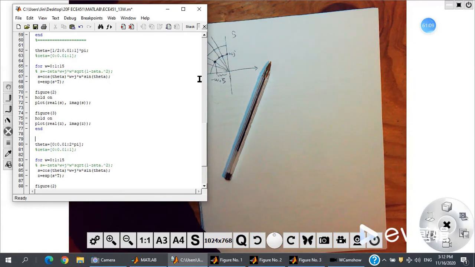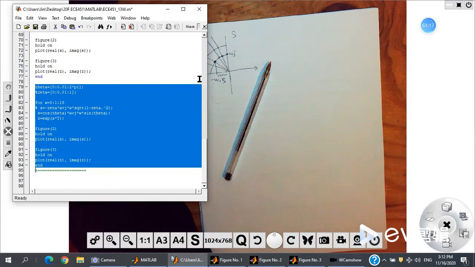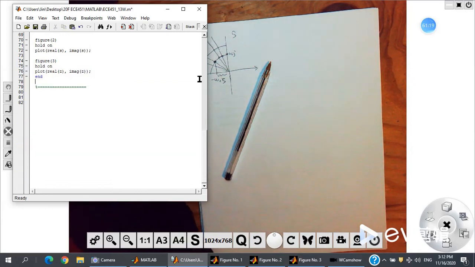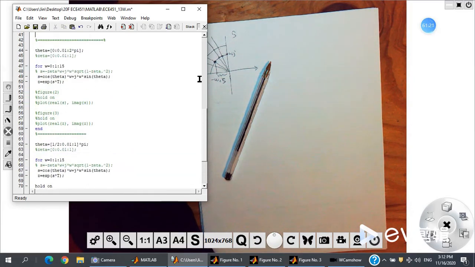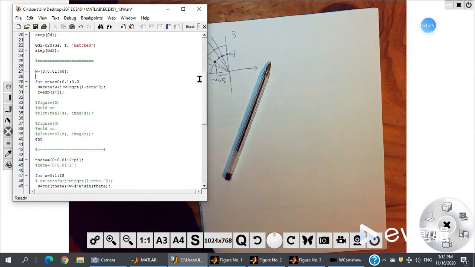And then next part, I want the part with same zeta. I copy from the previous part. We have one part that is just for fixed zeta, omega, right? This part.